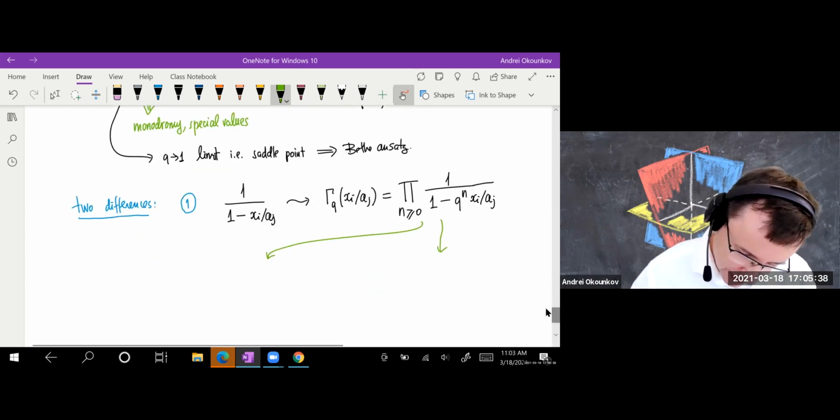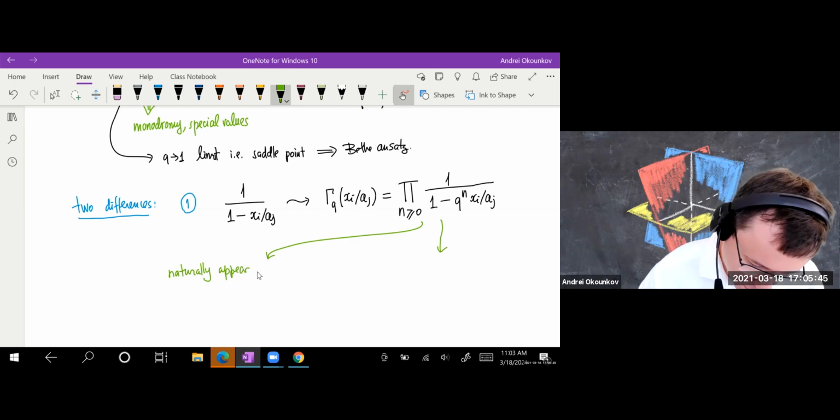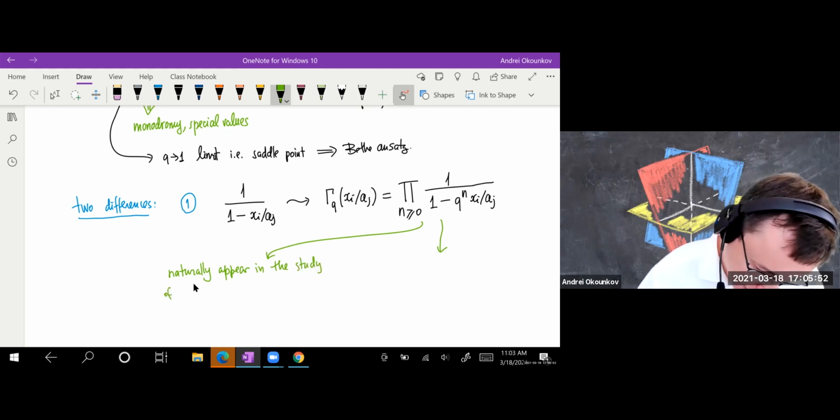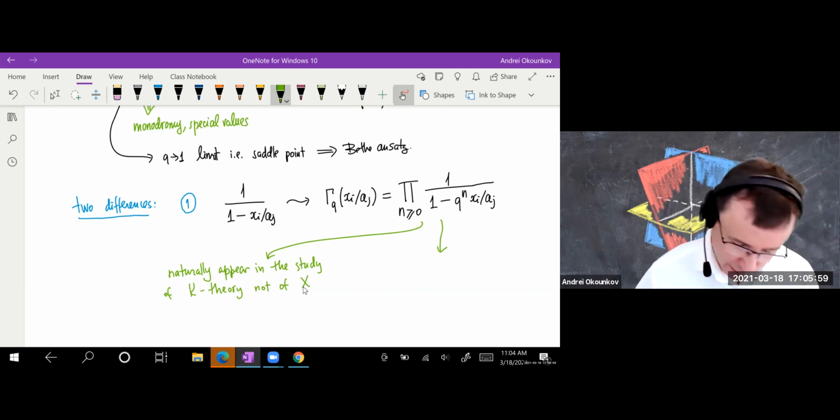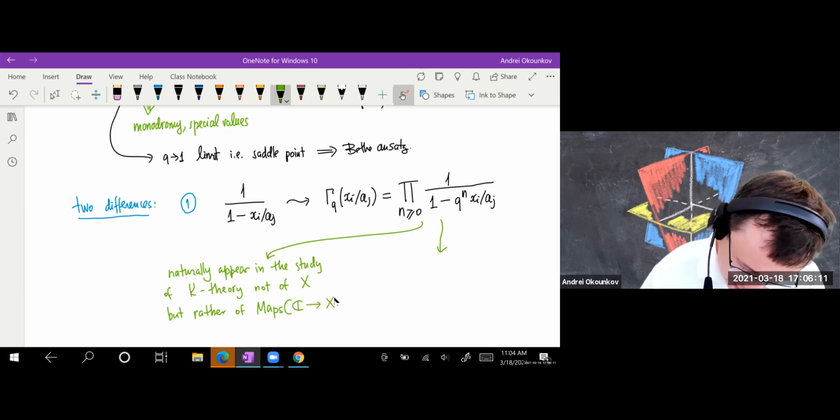This naturally appears in the study of K-theory, not of X, some variety, but rather of maps from, well, maybe C or the affine line to X, right?